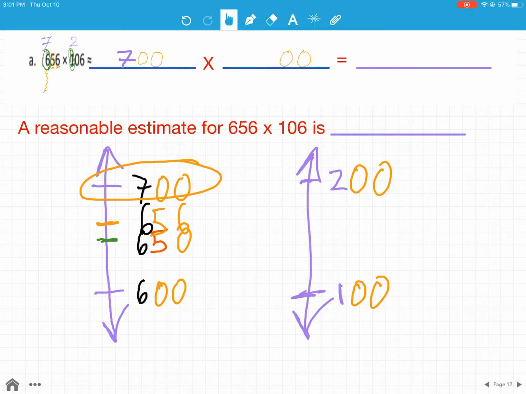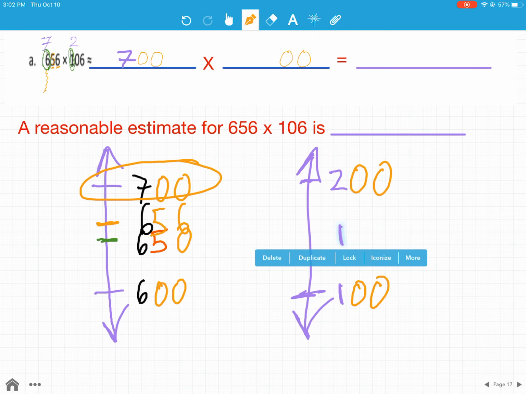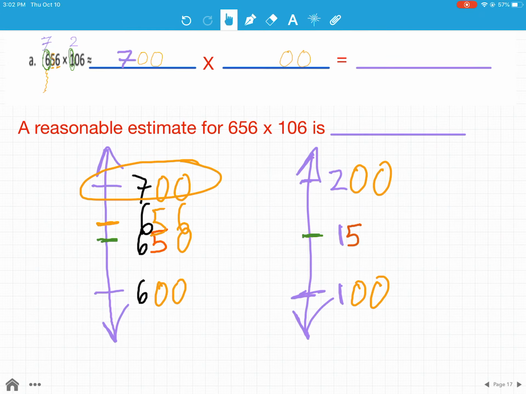And in the middle, we're going to duplicate this, and then add a 5 right next to it. And after that 5, we have one more number. So now we're going to compare 106.